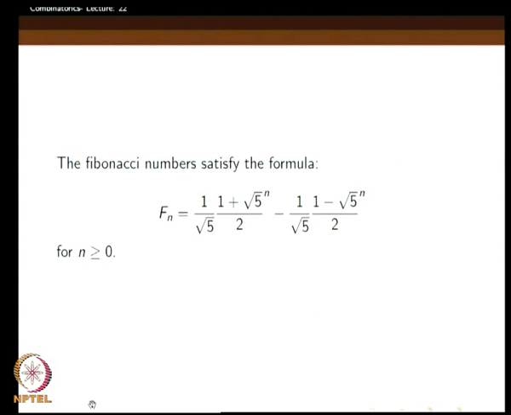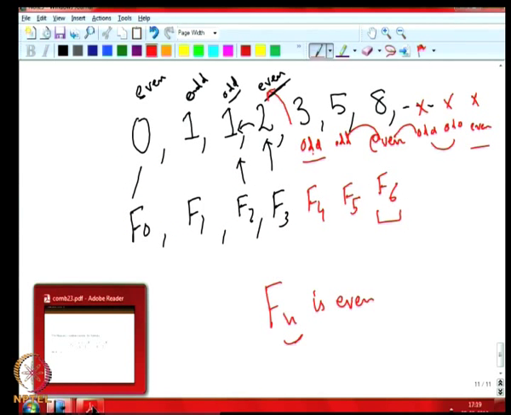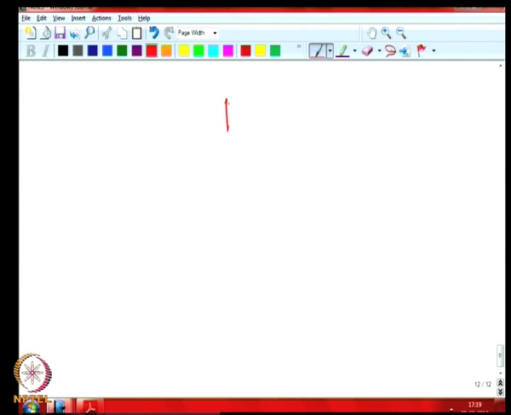Next we will consider the general formula to compute Fn. We do not have to write the entire sequence. If you want to find F10 for instance, or F100, how will you find it?